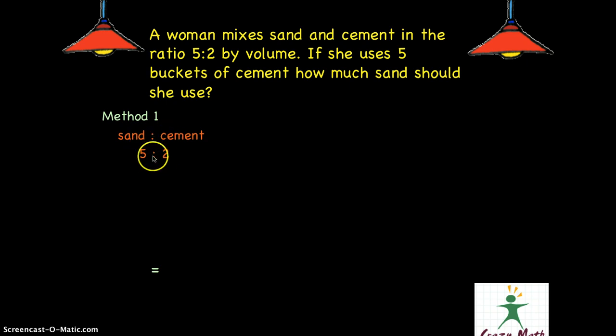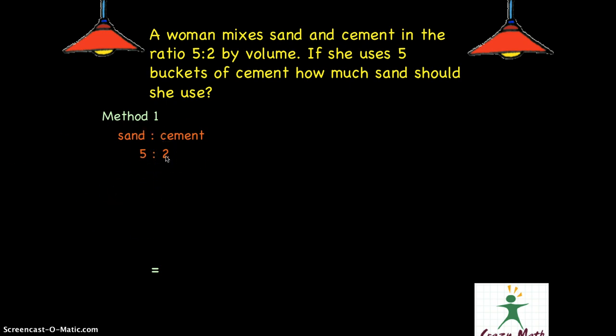Now, to be able to find out how much we need for 5 buckets of cement, that means that we would like to know how much sand we need for 1 bucket of cement. To turn this 2 into 1, we need to reduce our ratio to its lowest term and make it into 1.